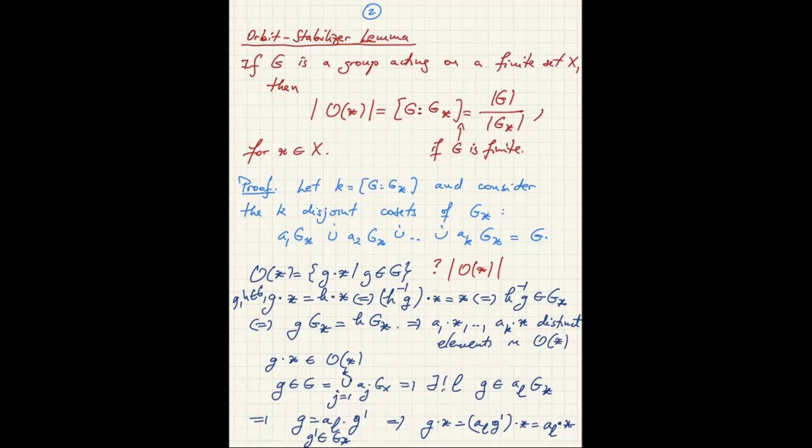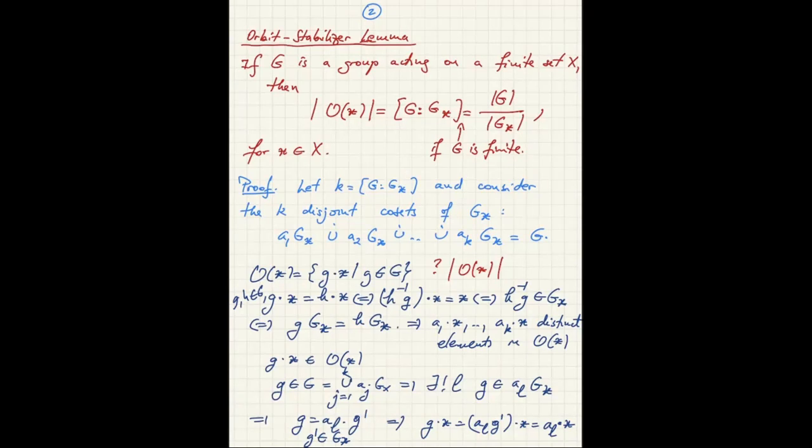And why is that? Well, if we pick an arbitrary element of the orbit, let's call it again g acting on x, then we have that g is an element of the group, but the group is partitioned into these cosets of the stabilizer of x. So the group element g has to land exactly in one of these cosets.